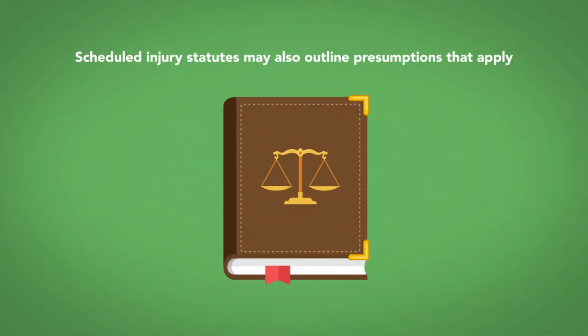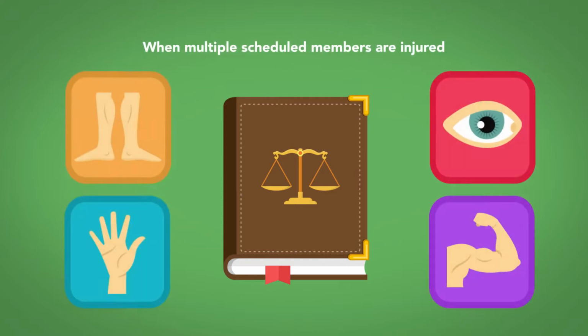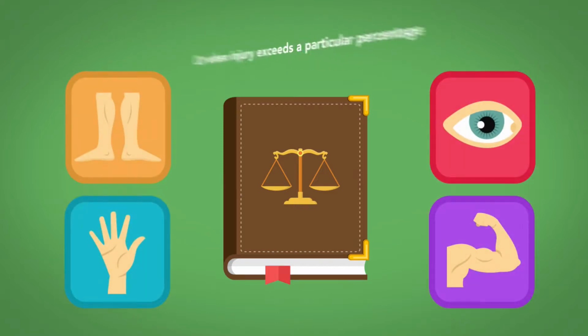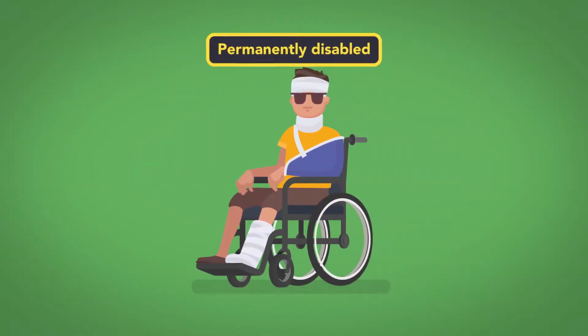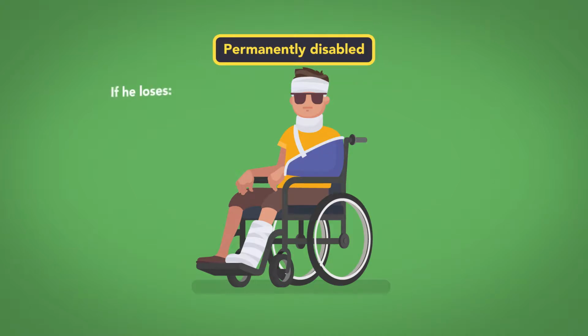Scheduled injury statutes may also outline presumptions that apply when multiple scheduled members are injured or when injury exceeds a particular percentage. For instance, a worker may be presumed permanently and totally disabled if he loses both arms, legs, or eyes.